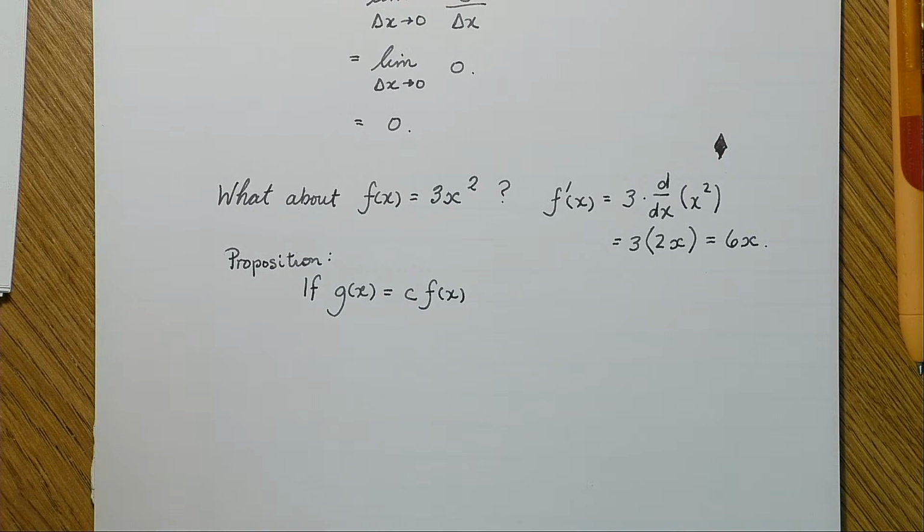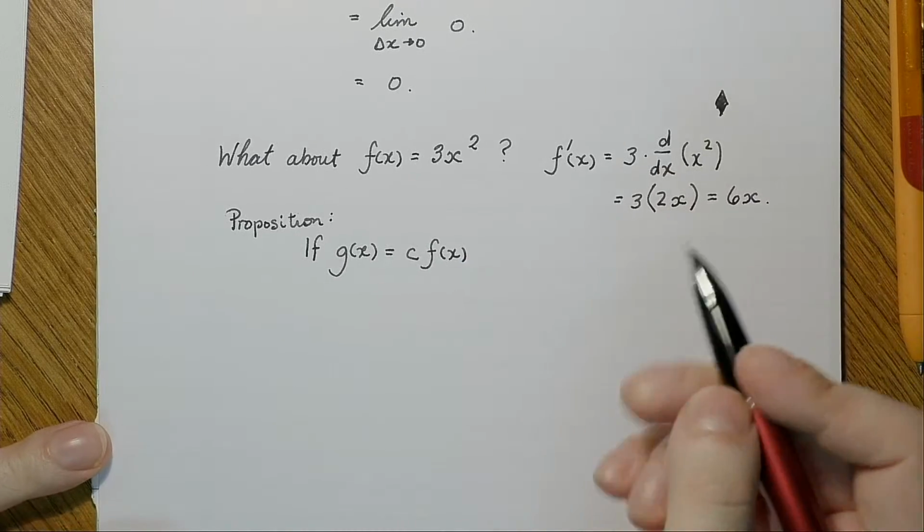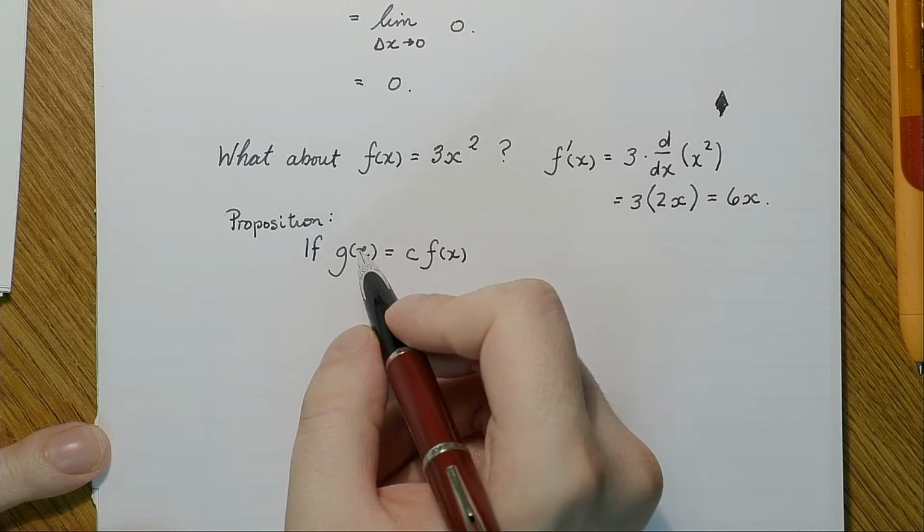Yeah, you could think of it like that, because 3 is a constant. It'd be nice if it worked like that, wouldn't it? Yes, it does work like that, and that's exactly what I'm going to show you.